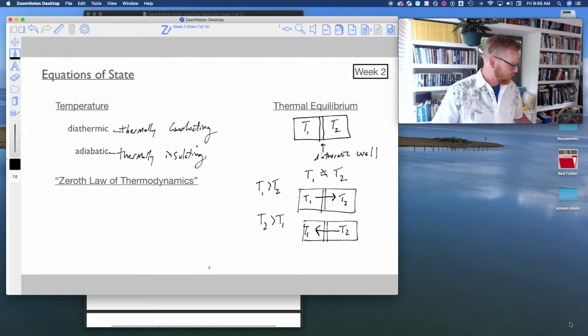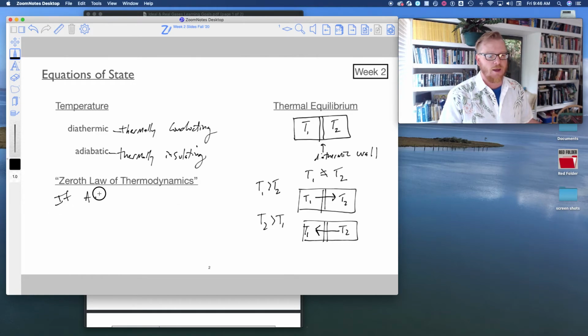That's always true. And this is what gives us the zeroth law of thermodynamics. I'll read it for you and then I'll write it down. If A is in thermal equilibrium with B, and if B is in thermal equilibrium with C, then C is in thermal equilibrium with A. Okay, so let's write that down.